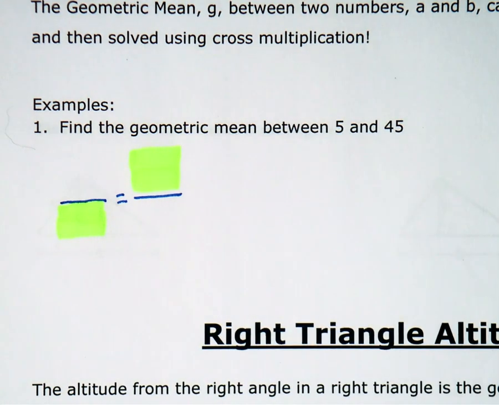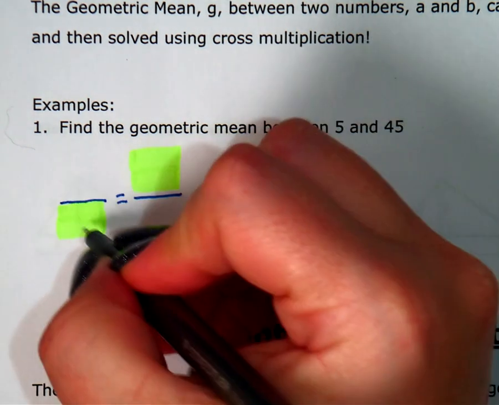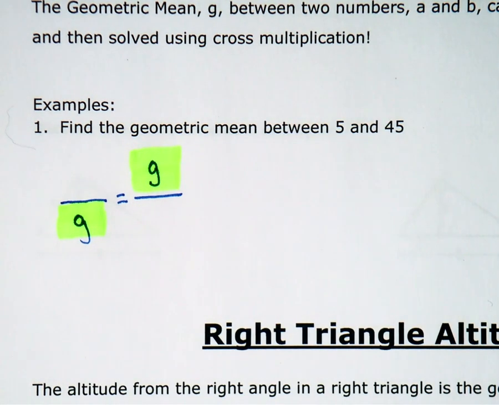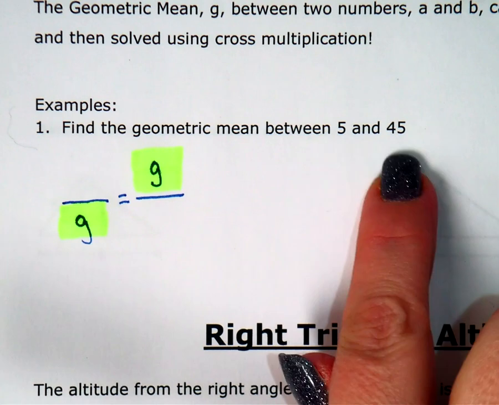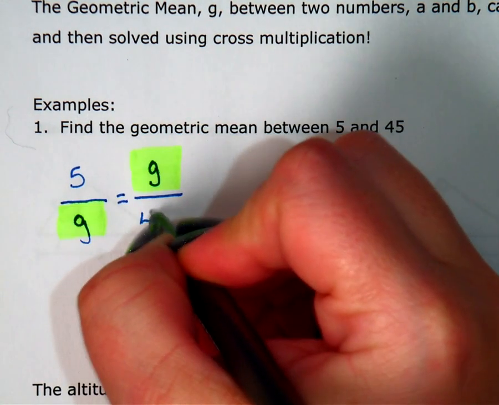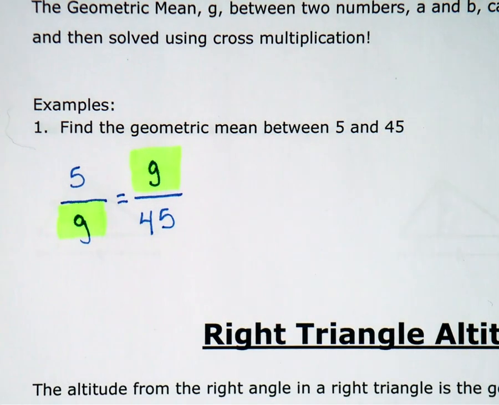And if you get those backwards, that's completely fine. Okay, so that's where my geometric mean is going to be. I want that geometric average of 5 and 45. So those are my other two sides, 5 and 45.